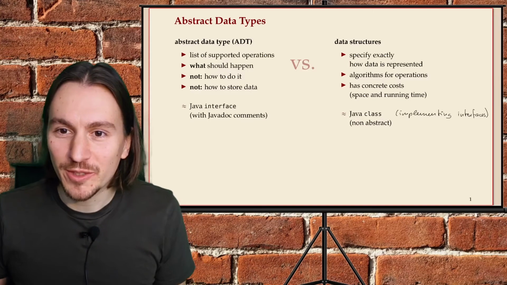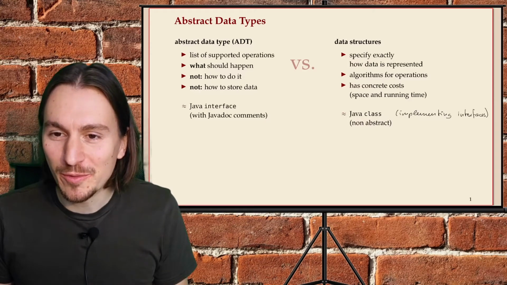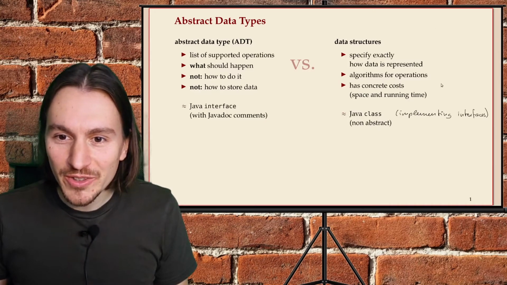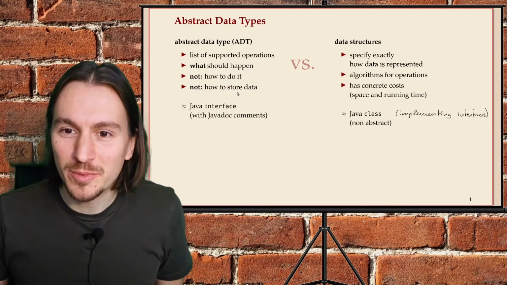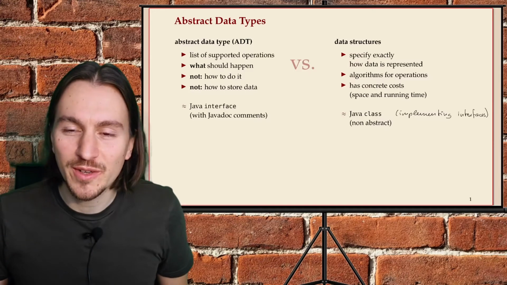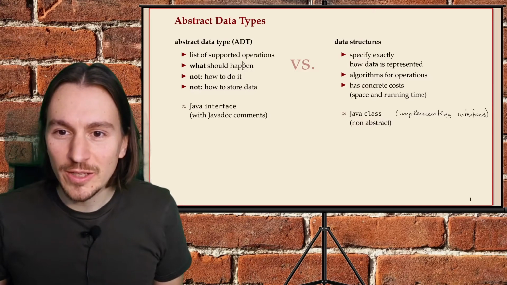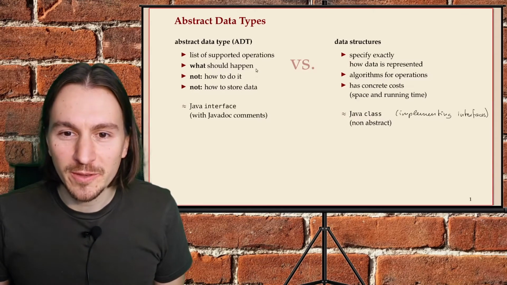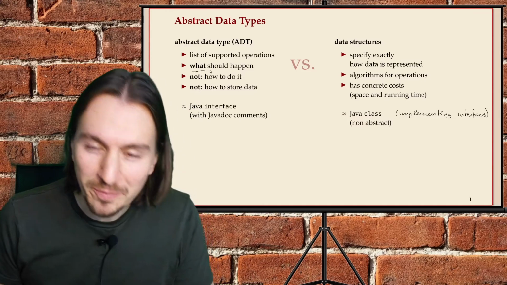The distinction between abstract data types and data structures is fundamental, so I want to cover that part either way. So Java interfaces are what you can think of, but an abstract data type has to have a little bit more than just a method name. It has to list the supported operations, but it should be precise in specifying what exactly should happen.